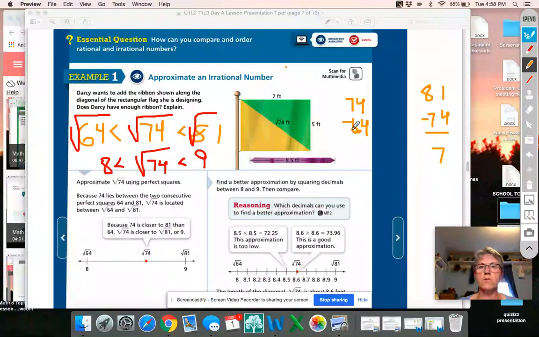So 74 is closer to 81 than it is to 64, which means that the square root of 74 is going to be closer to 9 than it is to 8. So you find a number line and you place it just like that.